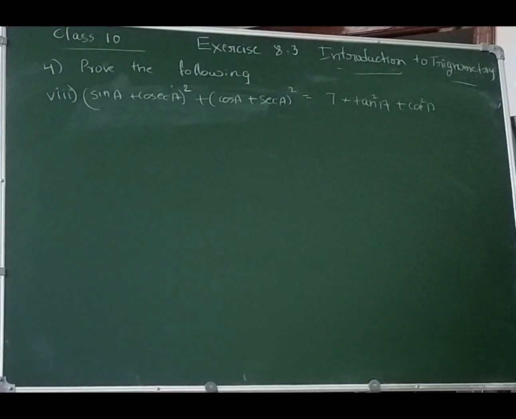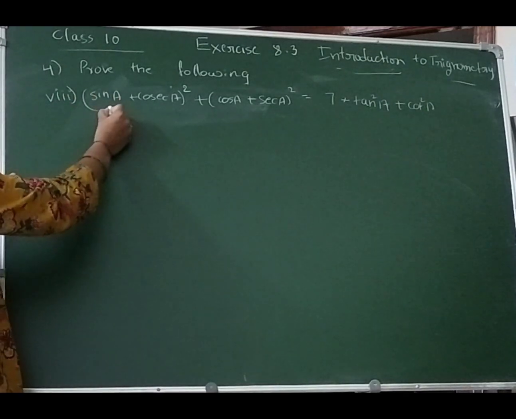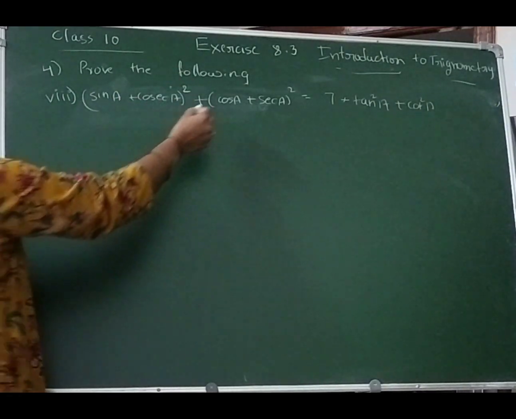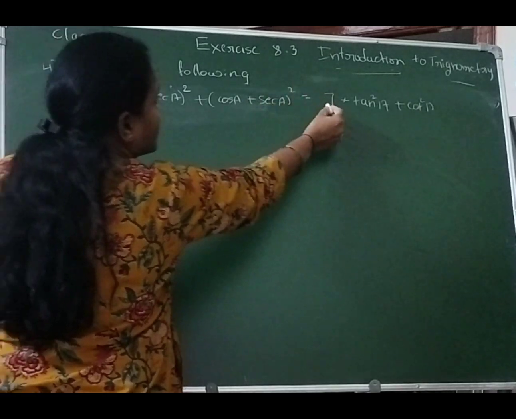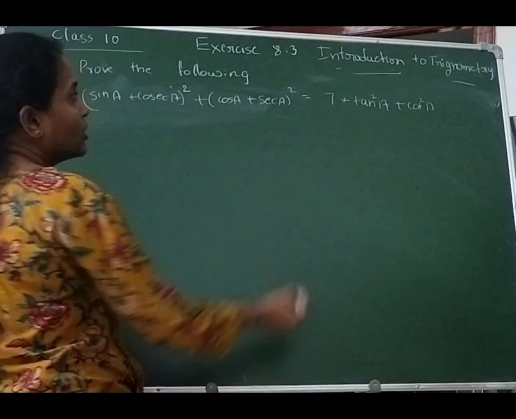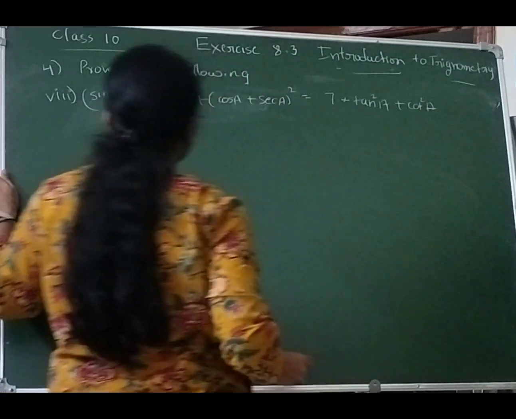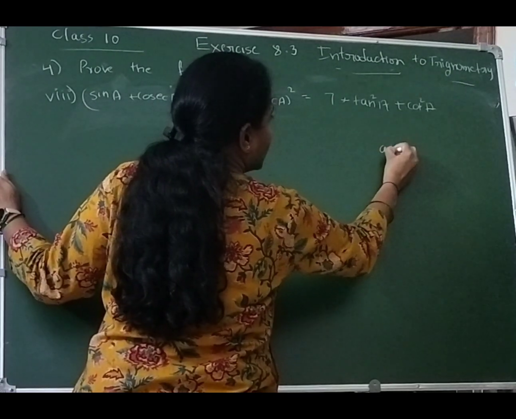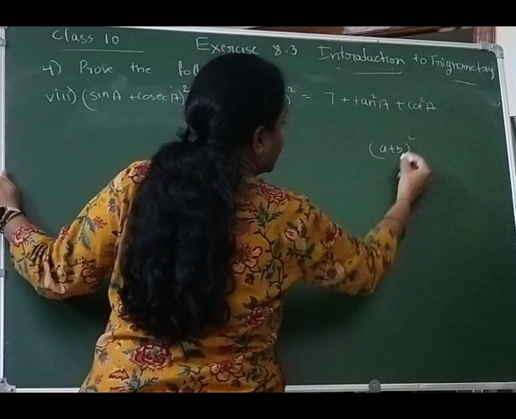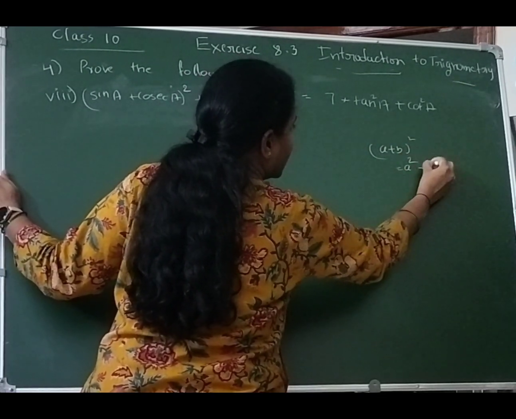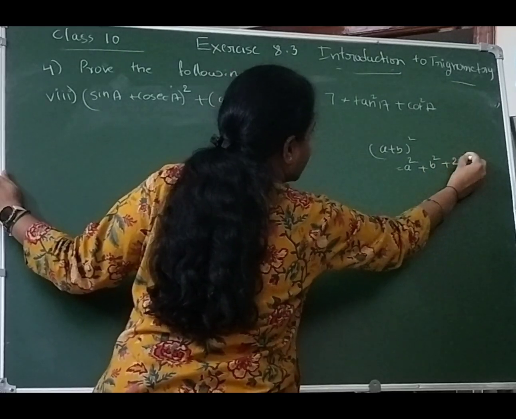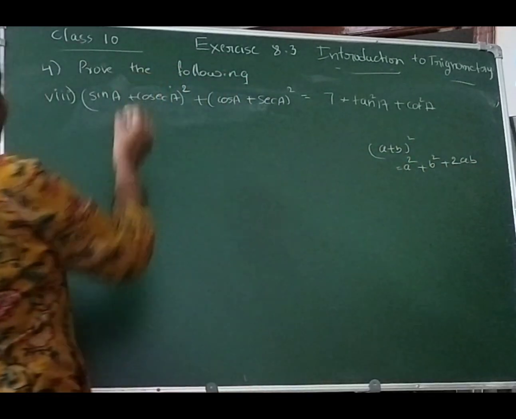So next we'll move to question number 8 in the fourth main, that (sin A plus cosec A) whole square plus (cos A plus secant A) whole square should be equal to 7 plus tan square A plus cot square A. So using the relation (A plus B) whole square is equal to A square plus B square plus 2AB, we'll expand the given terms.